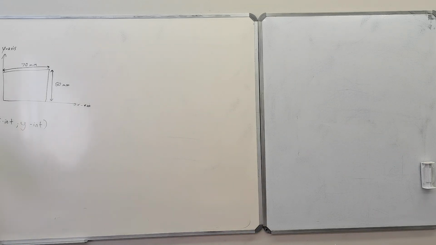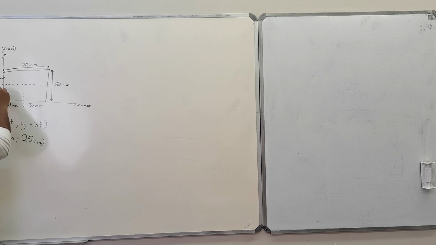What would be the coordinates of the center point of the shape? 35 millimeters and 25 millimeters. For a rectangle, on the x-axis it will be half of this length, which is 35 millimeters, and on the y-axis it will be half of that, which is 25 millimeters.